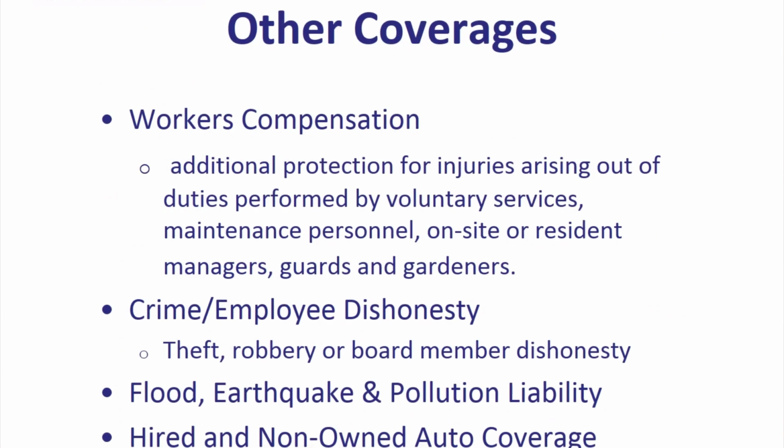So a couple other key coverages to consider when discussing the insurance program for an association would be workers' comp. And this, most of your contractors that you bring on and the maintenance, et cetera, that you have there, even if they are all 1099 and not W-2s, which if they're W-2s, you have to have the workers' comp for on-site staff, managers, guards, et cetera.